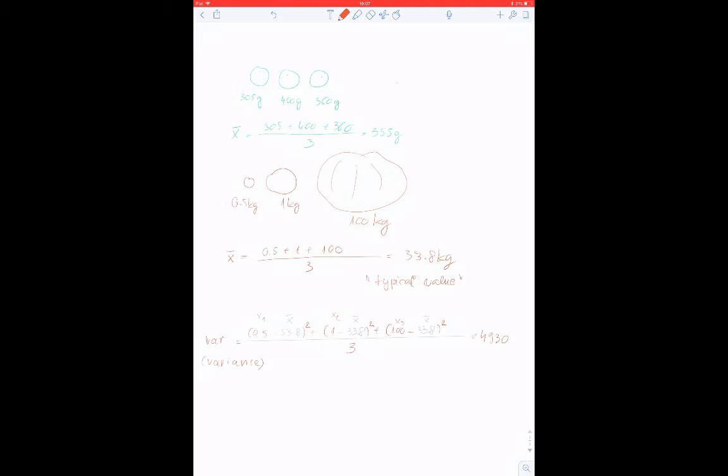So if we generalize this formula, we can write it down as variance equals 1 over n times the sum from i equals 1 to n of x_i minus x bar, squared.